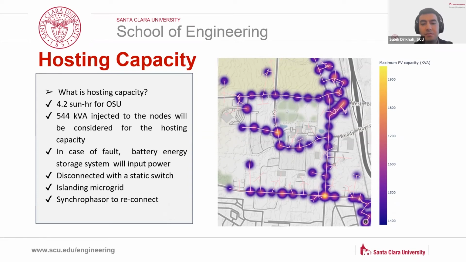The battery system will kick in only in case of a fault or an outage. Also, the critical loads, PV and battery system will form an islanding microgrid once there is a fault or an outage. Once the fault is cleared or power is back to the lines, the islanding microgrid will reconnect to the main grid by means of static switches and synchro phase. The battery system will only be connected once there is a fault and there won't be any sort of power injection to the main grid.